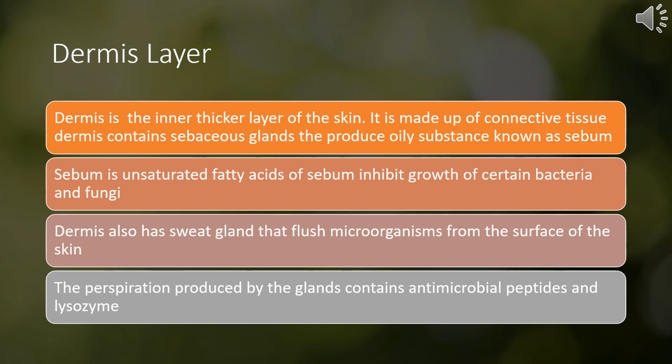The dermis also has sweat glands that flush microorganisms from the surface of the skin. The perspiration that is produced from the sweat glands also contains antimicrobial peptides and lysosomes, which also prevent foreign material from entering.